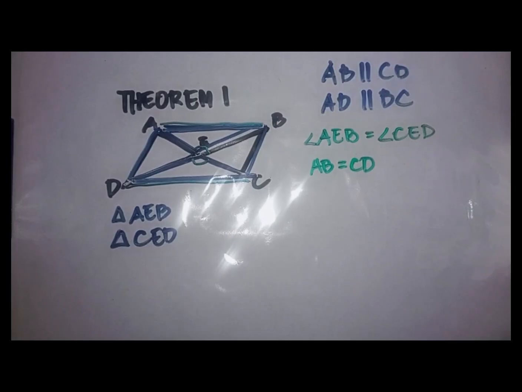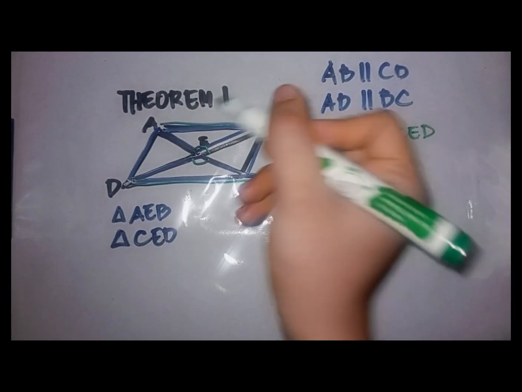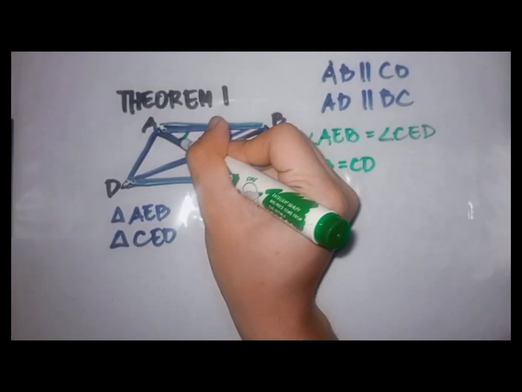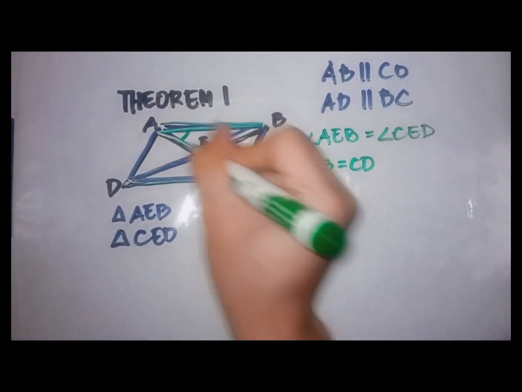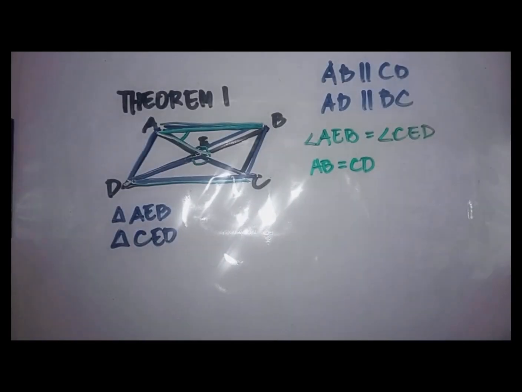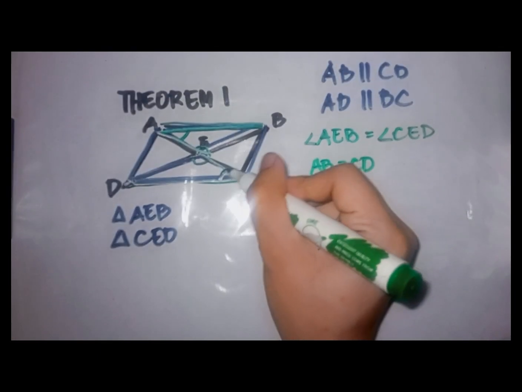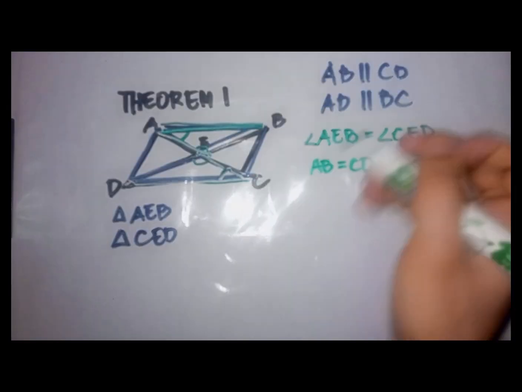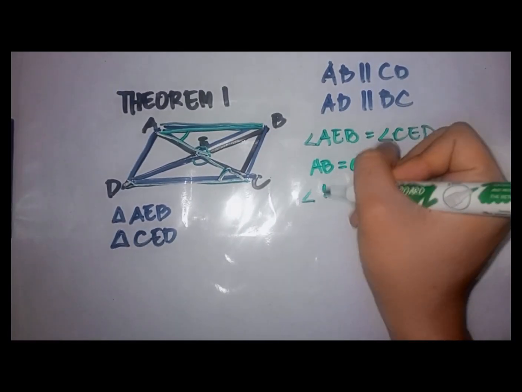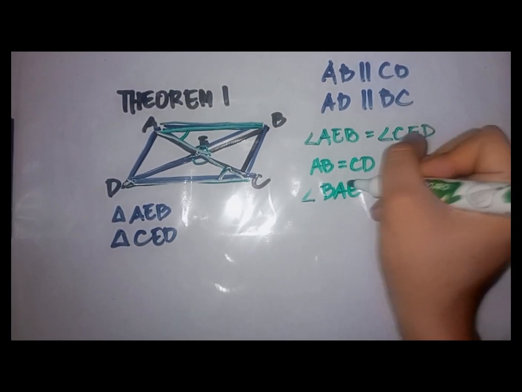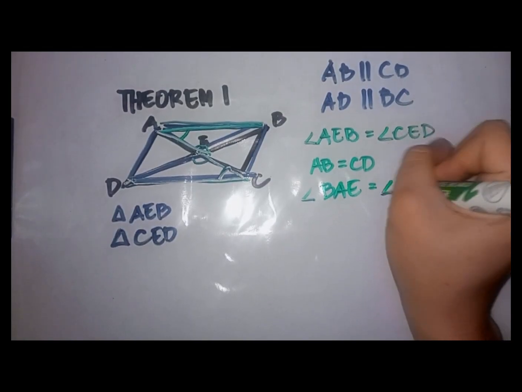So now, angle BAE is equal to angle DCE. Okay, these two angles are equal.